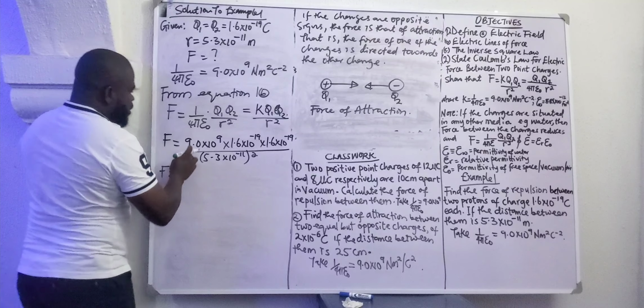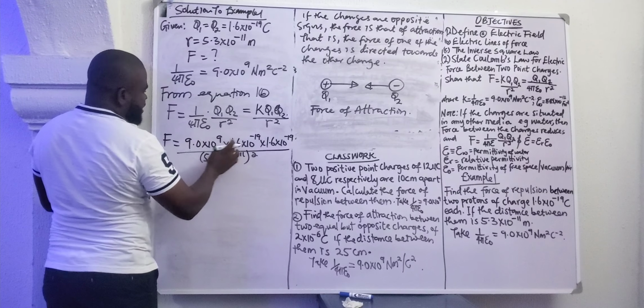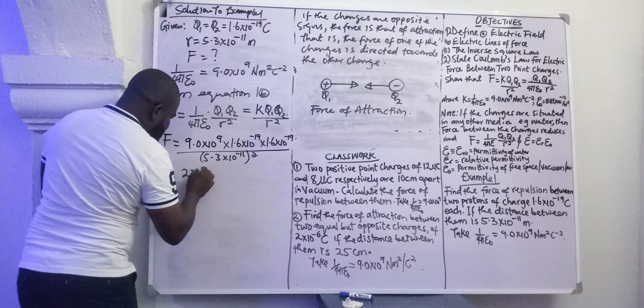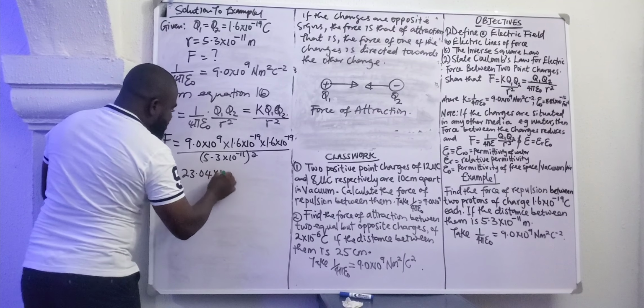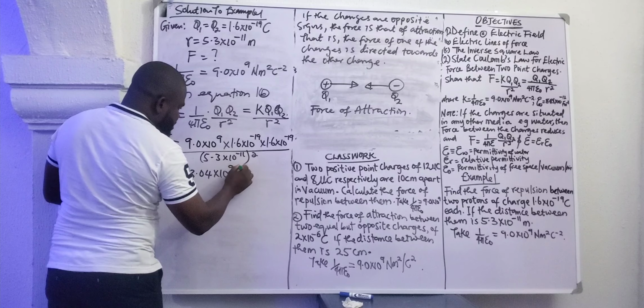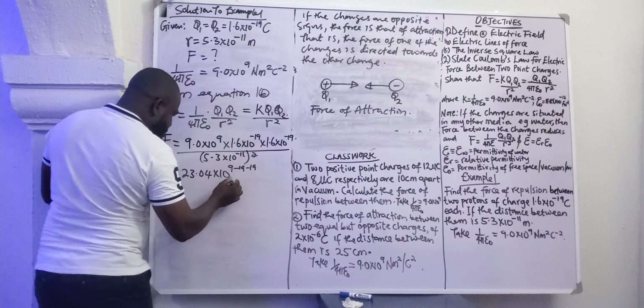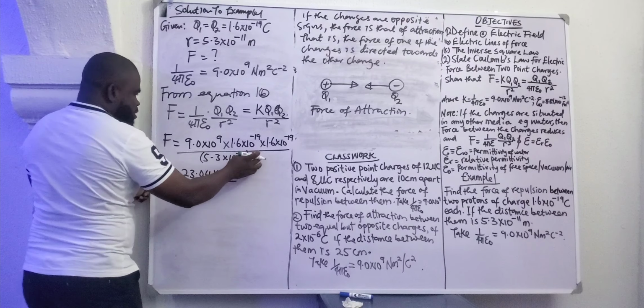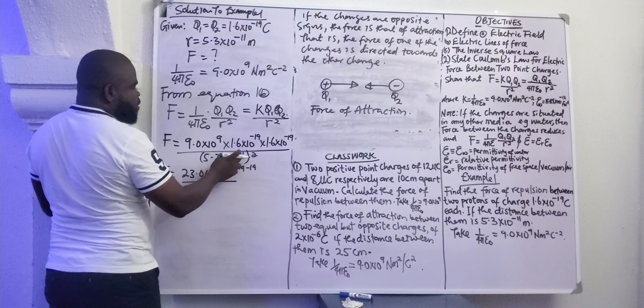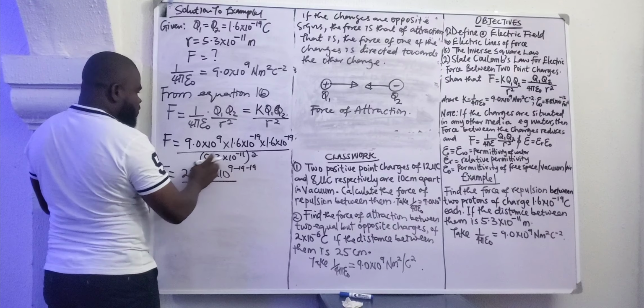So F equals, if you multiply this 9 times 1.6 times 1.6, you get 23.04 times 10 raised to the power of, this is 9 minus 19, divided by, if you square this, remember you have to square 5.3 and also square 10 raised to the power of minus 11. The square affects both of them.